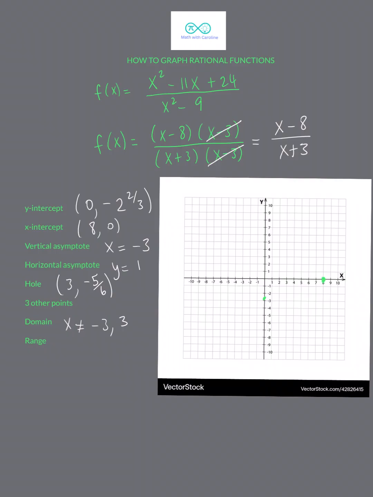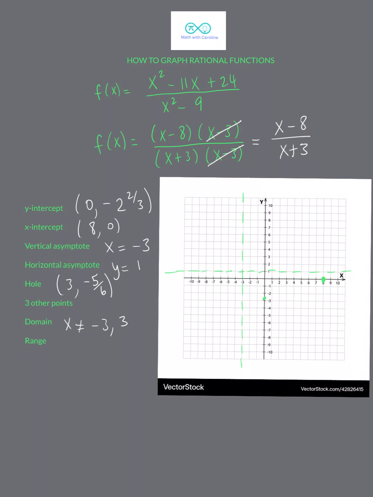Then we have a vertical asymptote of x equals -3. That is a dashed vertical line that splits our function in half, basically. Our horizontal asymptote is y equals 1, so we'll put a horizontal line on y equals 1.